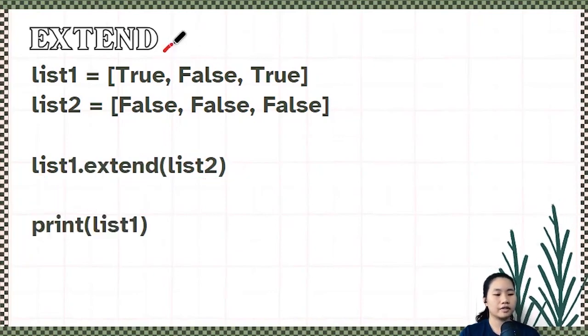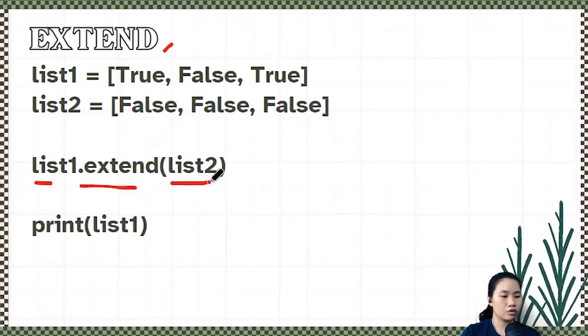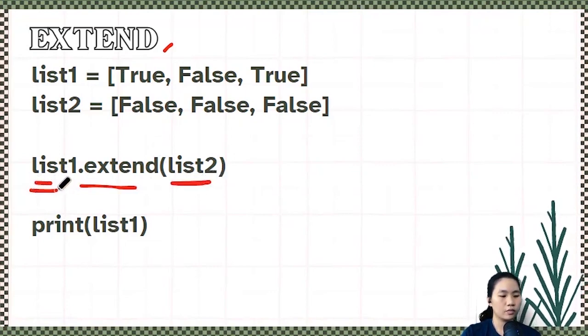Next up, and it's a very simple method, list 1 dot extend list 2. So elongate list 1 with the elements found in list 2.